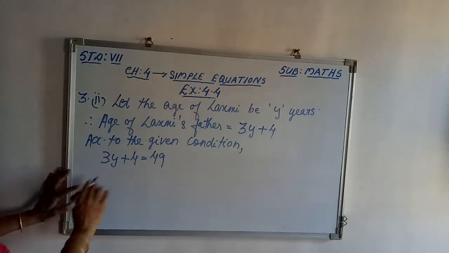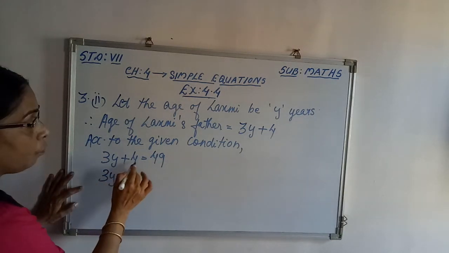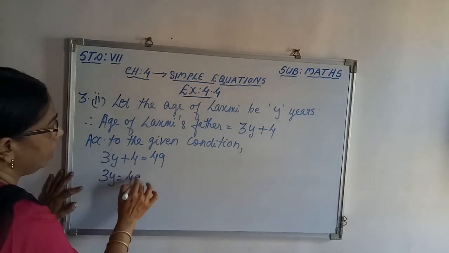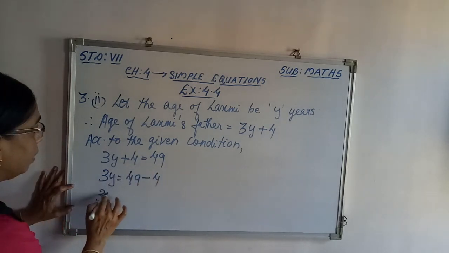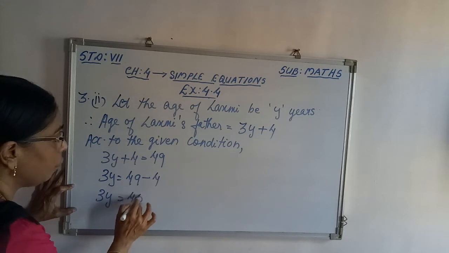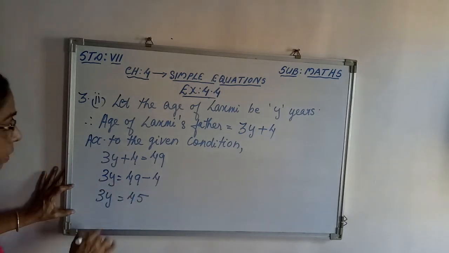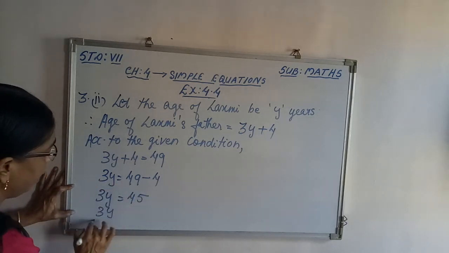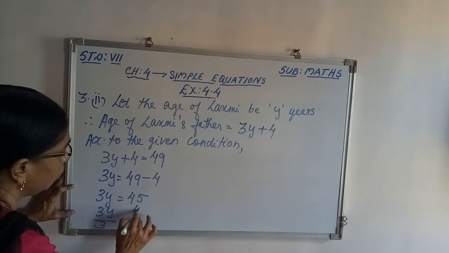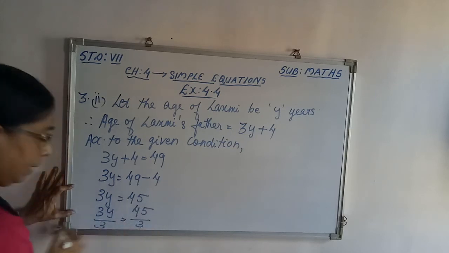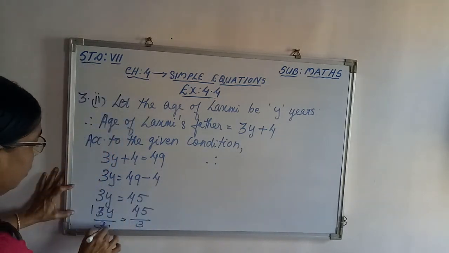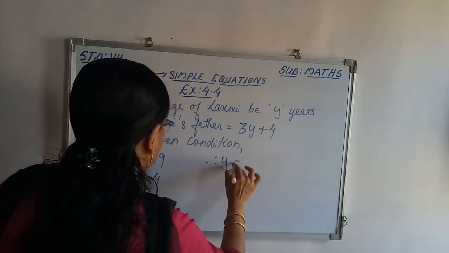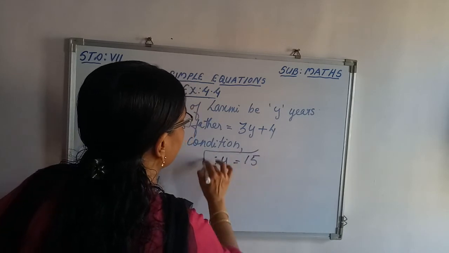So we can solve this. First we will transpose 4. 3y is equal to 49 minus 4. 3y is equal to 45. Next divide both sides by 3. 3y divided by 3 is equal to 45 divided by 3. 3 and 3 get cancelled. Therefore, y is equal to 15.